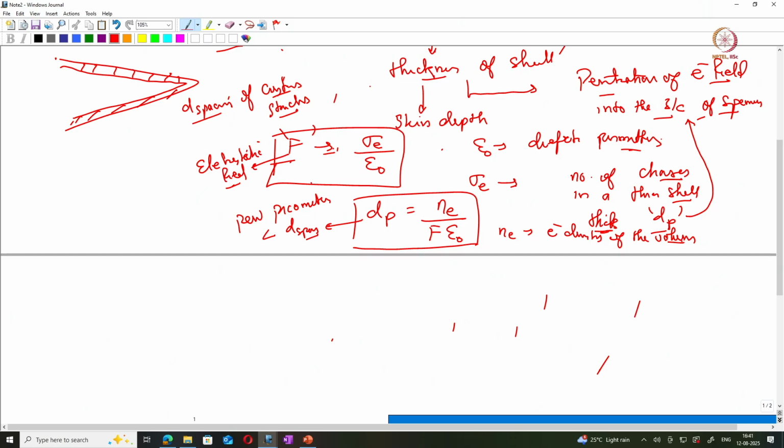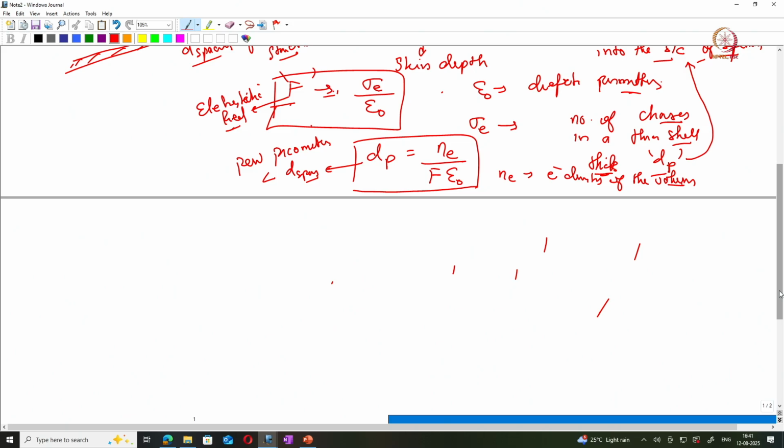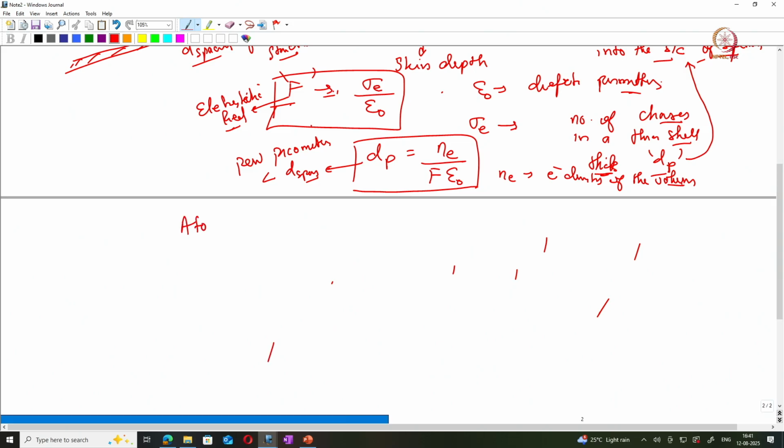Okay, so this shows that theoretically the atoms get field evaporated atom by atom, layer by layer, from the outermost shell towards the inside.